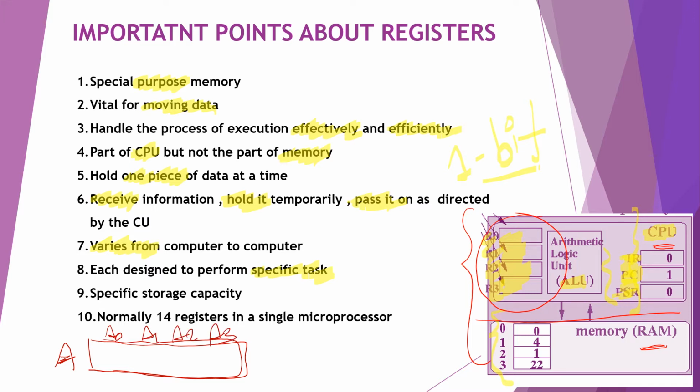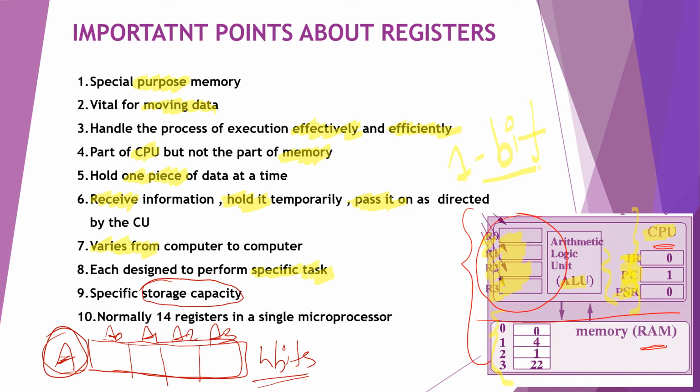Here I can say the storage capacity of this A register series is 4 bits. It varies from system to system. One register can store only one bit at a time, but registers may come in a group, and that's why we are talking about the storage capacity.